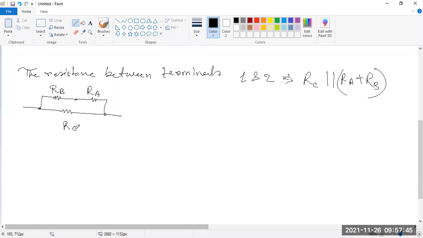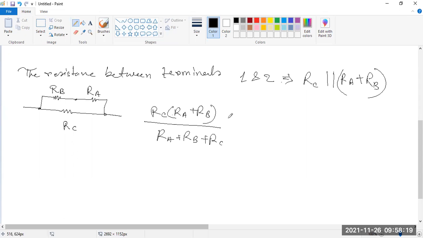It is traversing in the anti-clockwise direction, so this is RB and RA in series, parallel to RC. So the resistance between 1 and 2 is RC parallel to RA plus RB, that is RC into RA plus RB divided by RA plus RB plus RC.